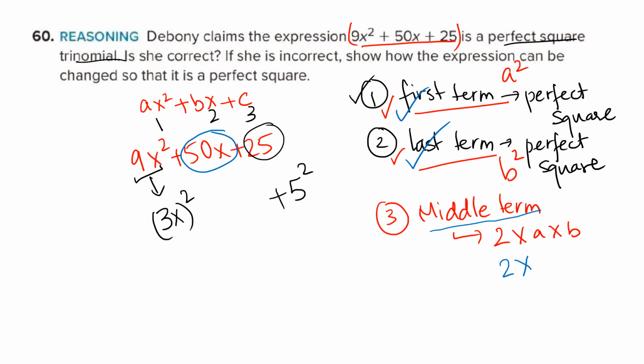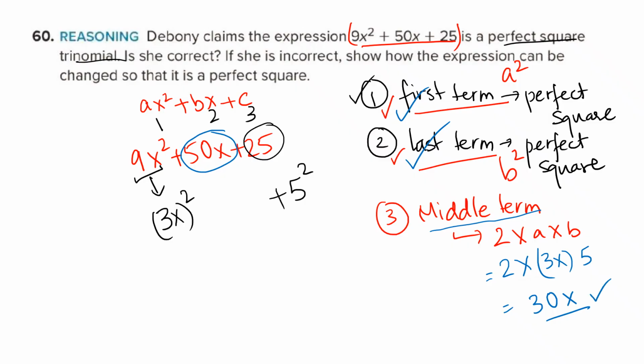Square root means I only take 3x, not 9x square. Similarly, I only take 5 for the last term. So if you multiply all of this, 2 multiplied by 3 is 6, 6 multiplied by 5 is 30x.